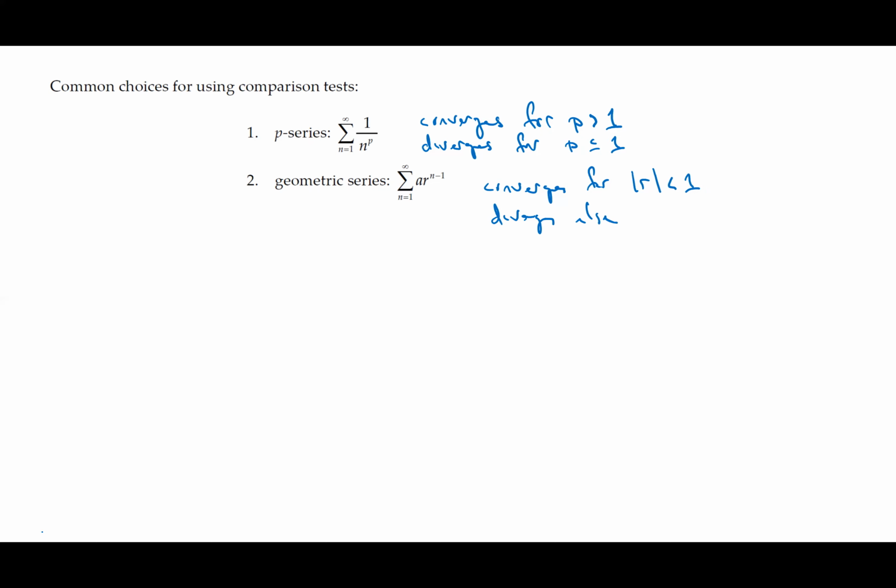All right, so let's put this into practice here. Determine if the series converges. So the first one I want to do is the sum from 1 to infinity of 1 over square root of n times 3 to the n.